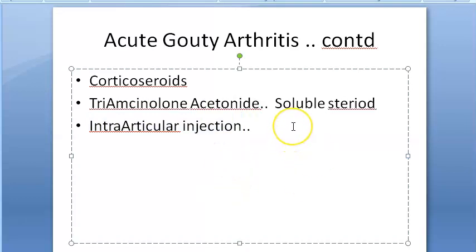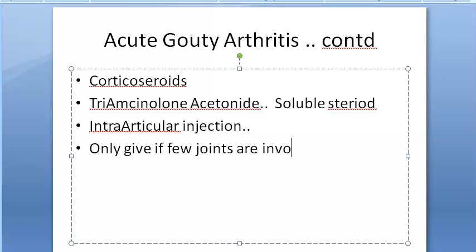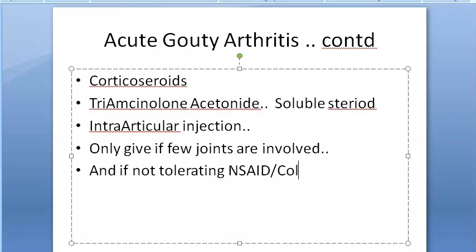You should give this corticosteroid only if few joints are involved and if the patient is not tolerating NSAID or colchicine.